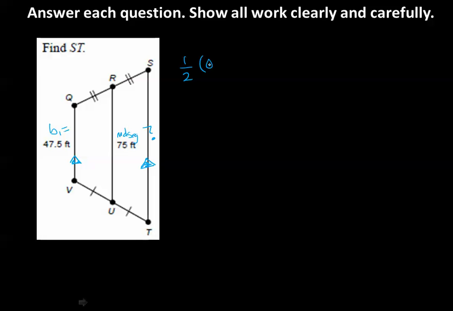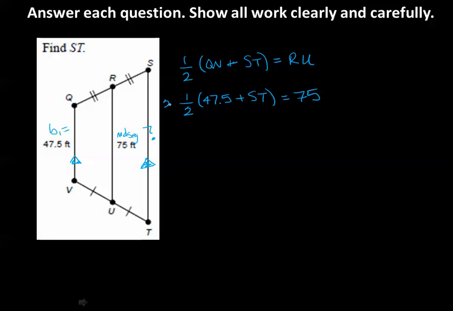I'm going to have QV plus ST is going to equal RU. RU, that's cute. Y'all may not get it because it's my brain acting silly. Okay, QV 57.5 plus ST equals, and RU is going to be 75.